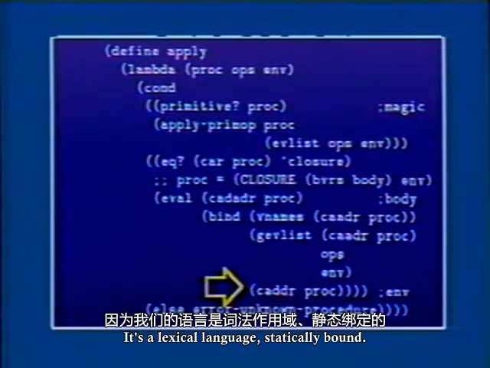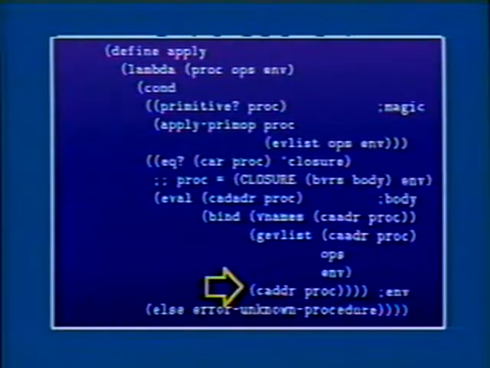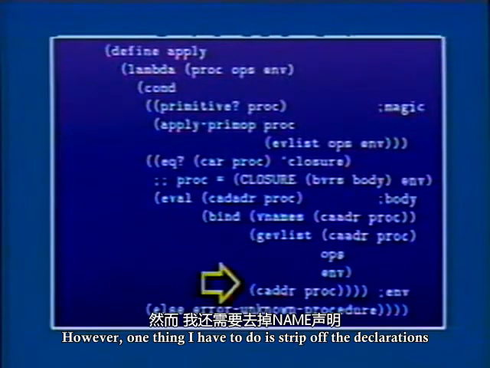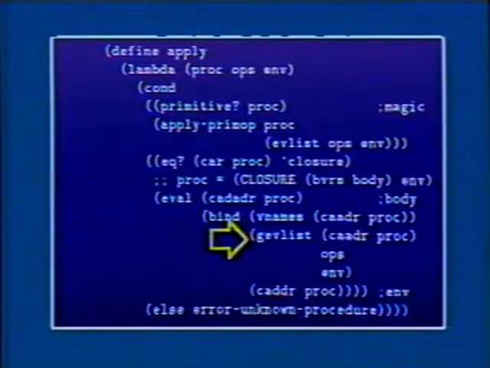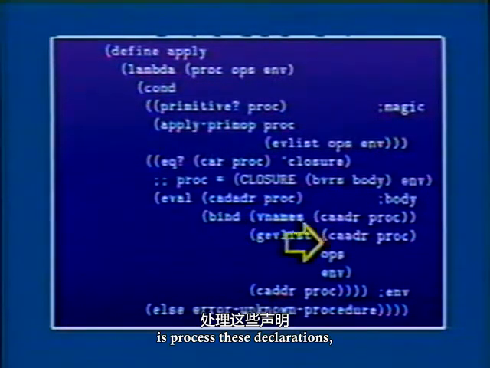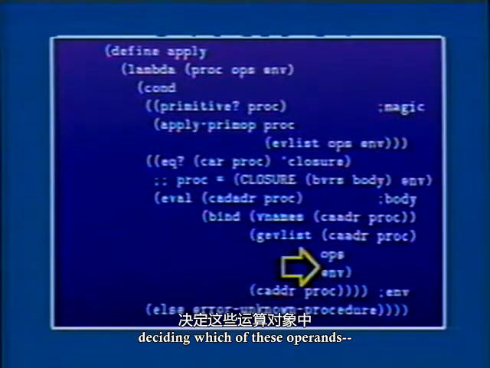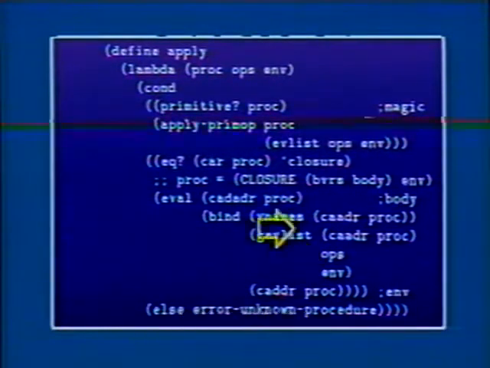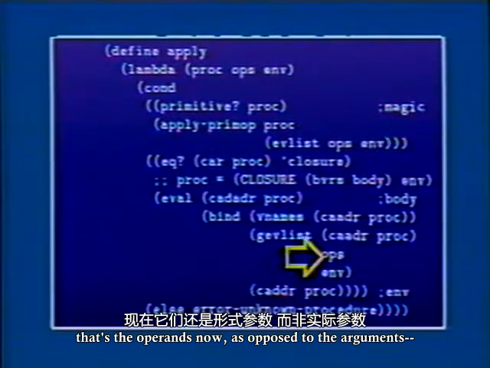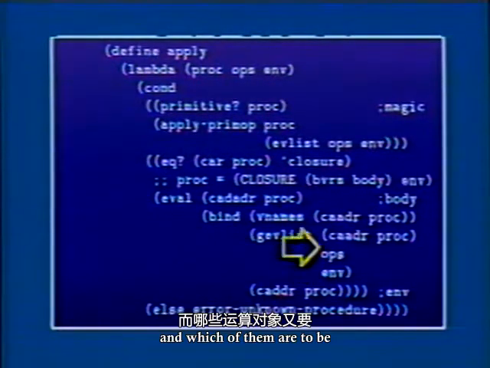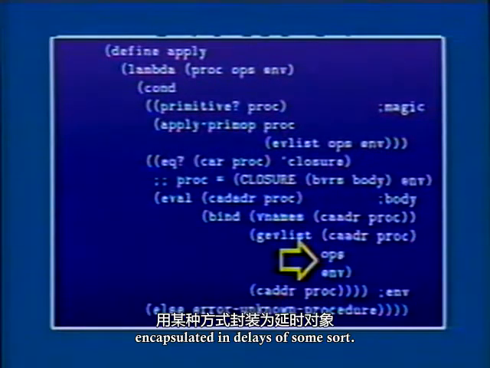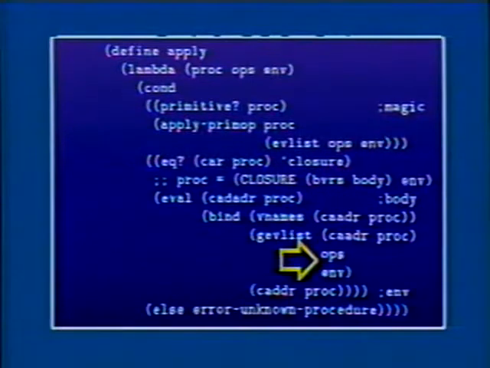It's a lexical language, statically bound. However, one thing I have to do is strip off the declarations to get the names of the variables. That's what this guy does, vnames. And the other thing I have to do is process these declarations, deciding which of these operands, that's the operands now as opposed to the arguments, which of these operands to evaluate and which of them are to be encapsulated in delays of some sort.